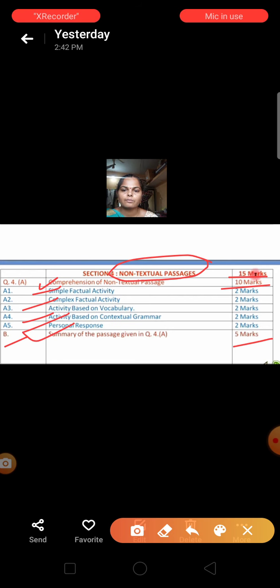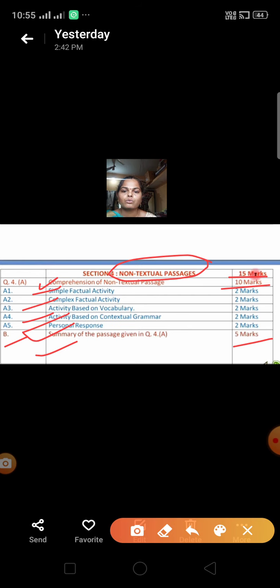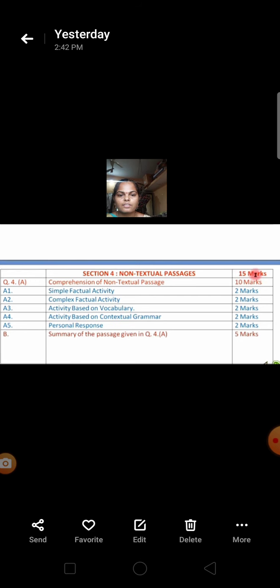Understood? It is for 10 marks. And B1 is summary of the passage given in question number 4A. It is for 5 marks. Means you have to write a summary of that passage. Understood? Next one.